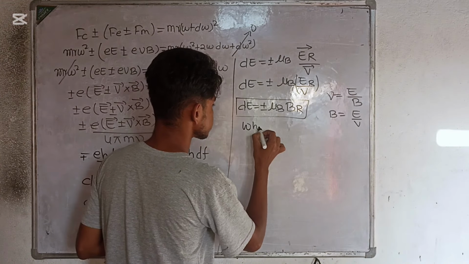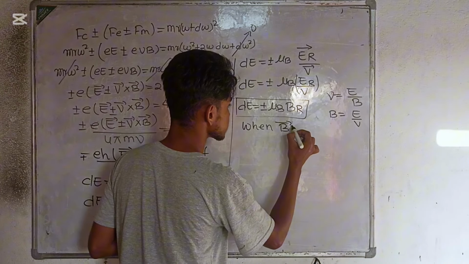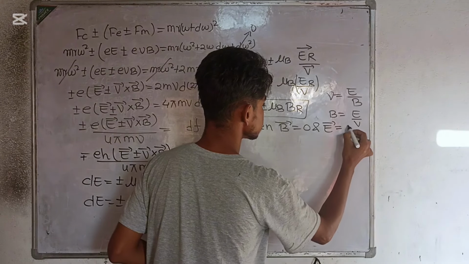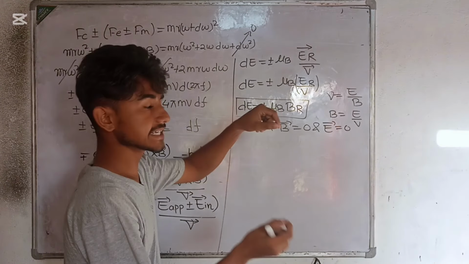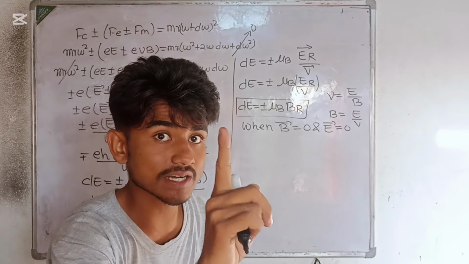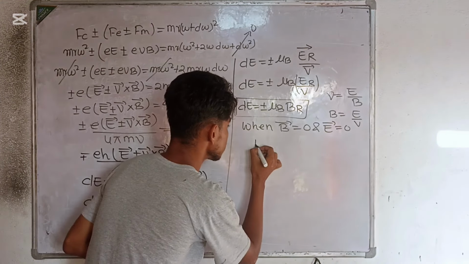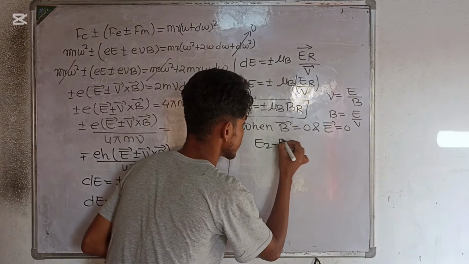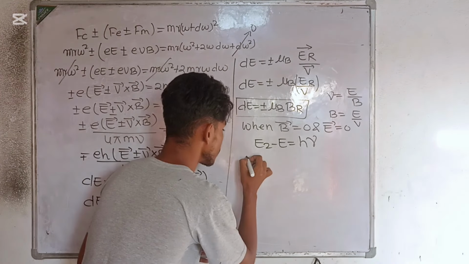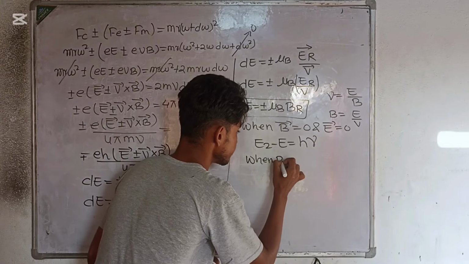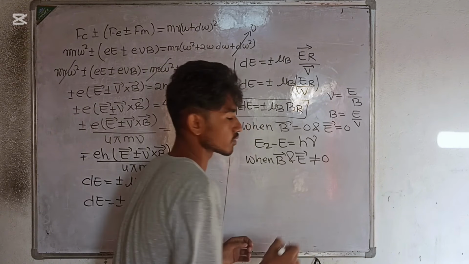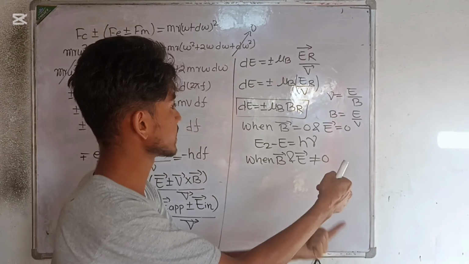So when the B vector and electric field are equal to 0, and you excite an electron from a higher energy level to a lower energy level, you will end up getting a single spectral line. So E2 minus E1 gives you h nu, right? So when the B vector and E vector are not equal to 0, now you are applying electric and magnetic field.